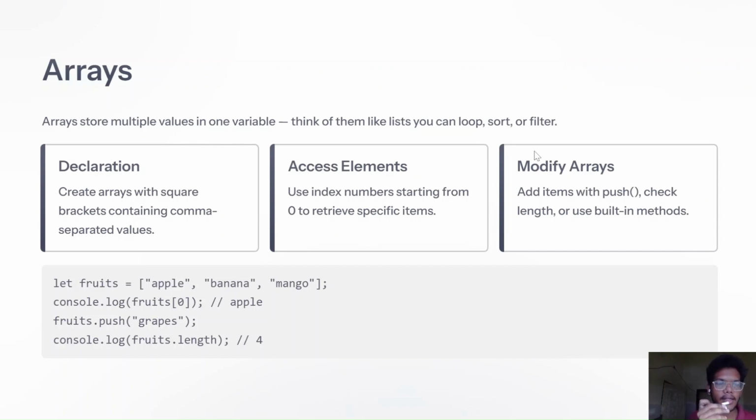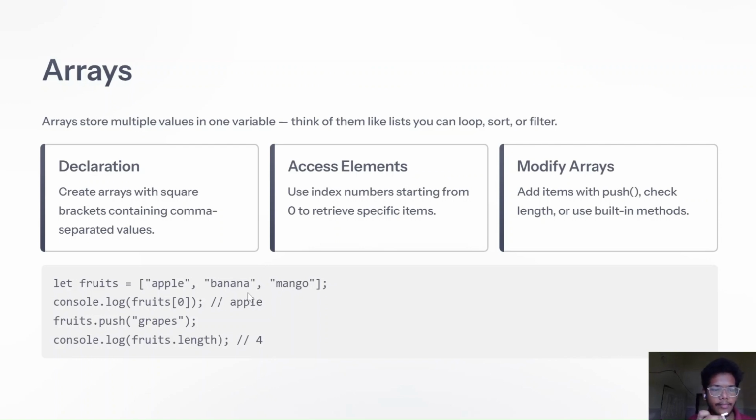We can declare a variable with square brackets containing values separated by commas, and we can access them through index numbers, which start from 0 and go to n minus 1, where n is the size of the array. Next, we can modify arrays using functions like push and others.